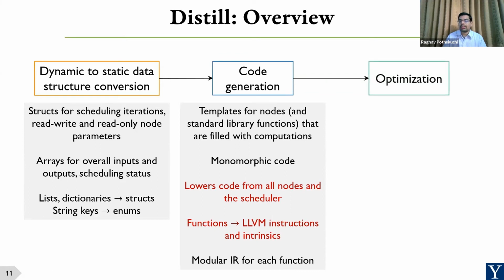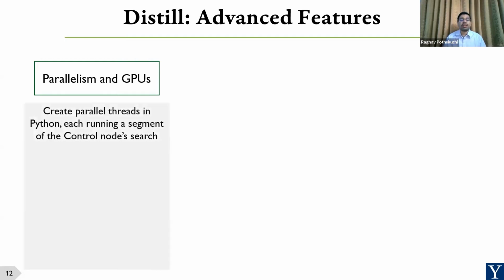Next, Distill runs standard LLVM optimizations on the code, which are now more effective because they can span longer regions of the code. Distill also supports parallel execution and offloading computations to GPUs. Opportunities for parallel execution exist in the control nodes that have to perform a search. In this case, Distill creates parallel threads in Python, each running a segment of the control node search.